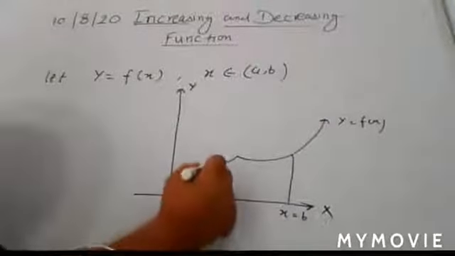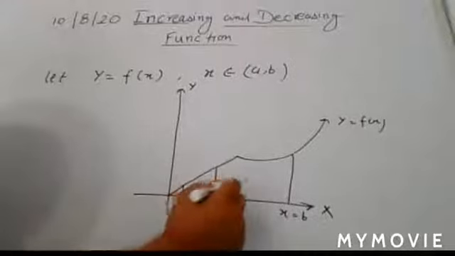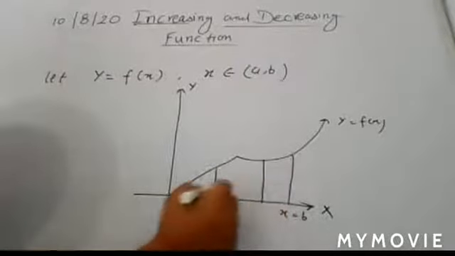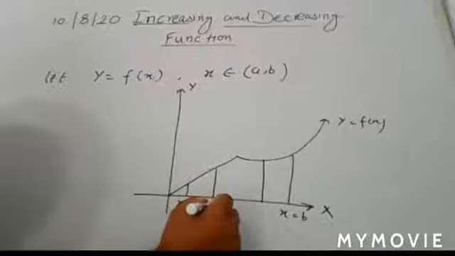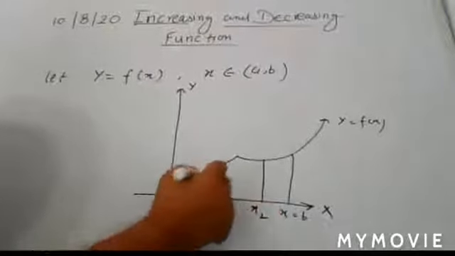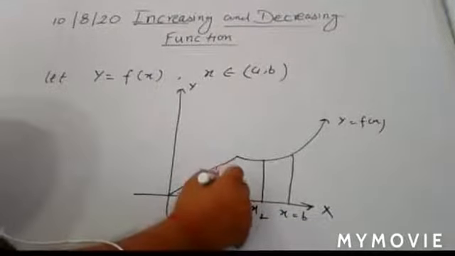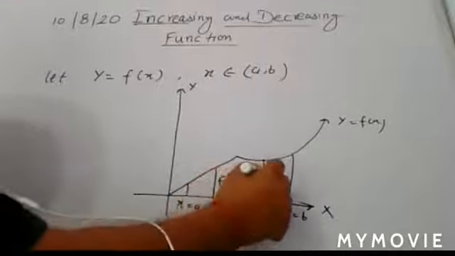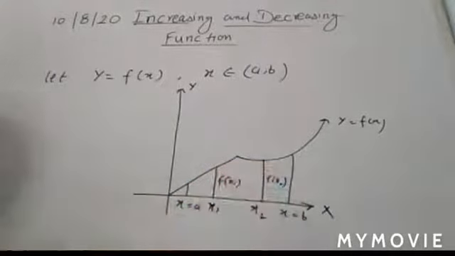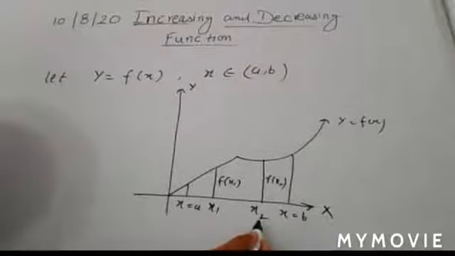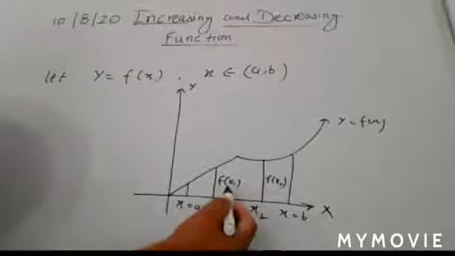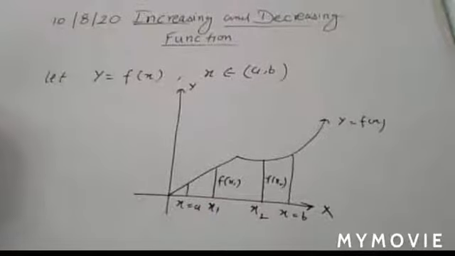Suppose you take two points x1 and x2, and the corresponding values are f(x1) and f(x2). If you see this figure, you find that if x1 is less than x2, then f(x1) is also less than f(x2).